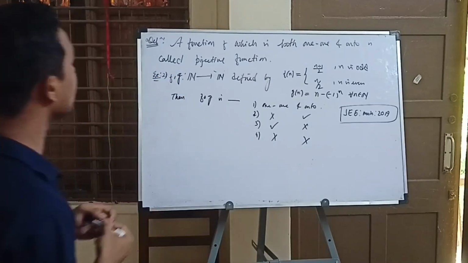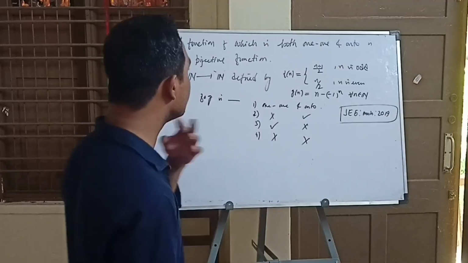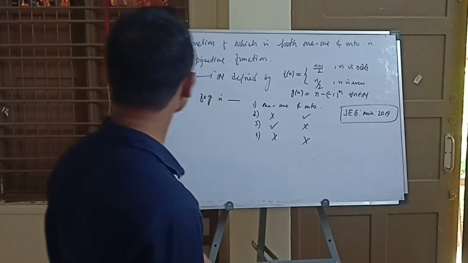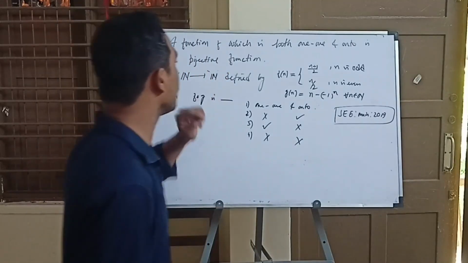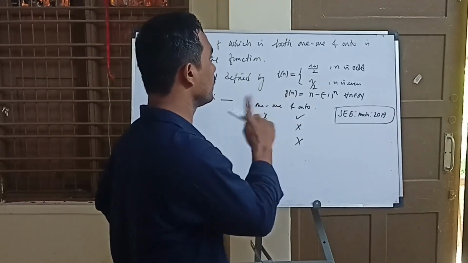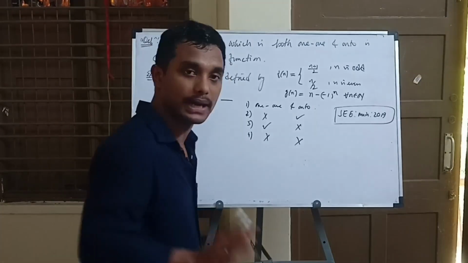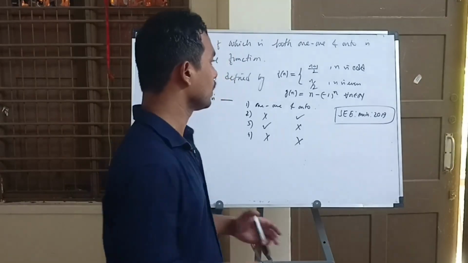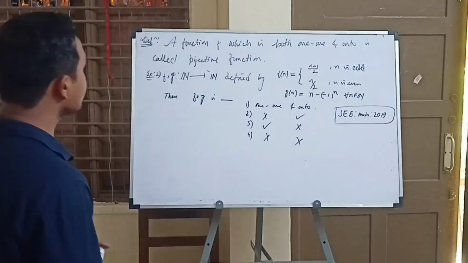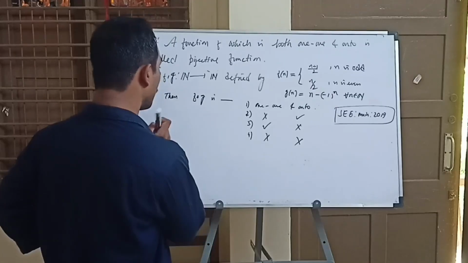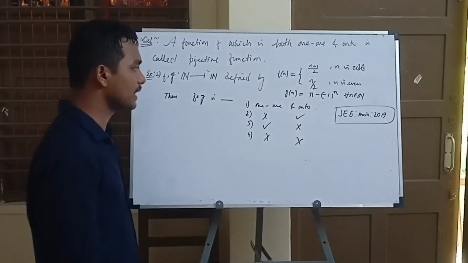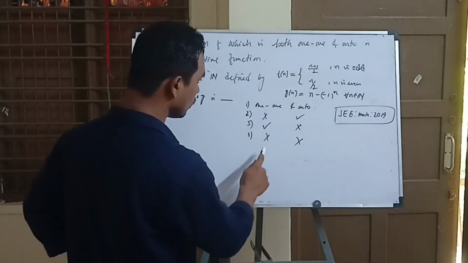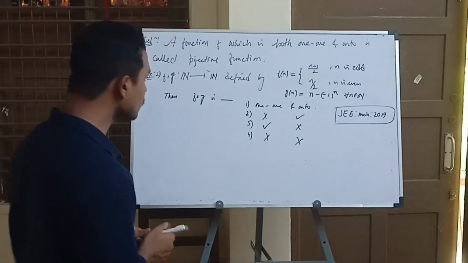Okay, let's solve another example of bijective functions. This question was asked in JEE Mains 2019. Let f and g be functions from N to N defined by f of n equal to (n plus 1) by 2 when n is odd, n by 2 when n is even, and g of n equal to n minus (minus 1) to the power n for all n belonging to N. The question is whether the composition f composition g is 1-1 onto, not 1-1 onto, 1-1 not onto, or neither 1-1 nor onto.